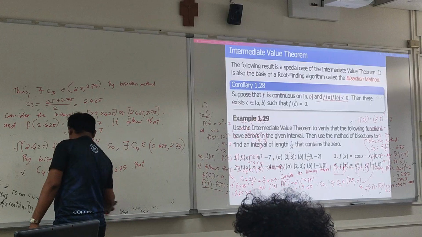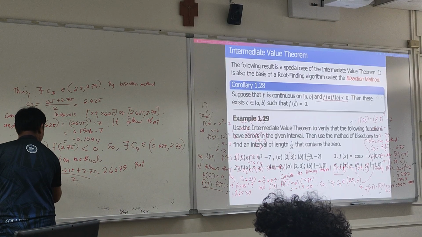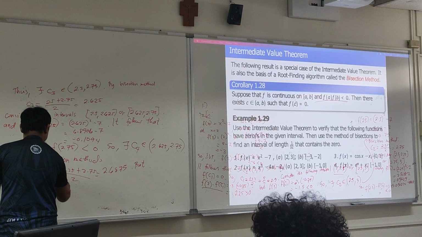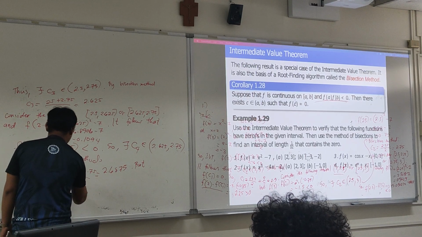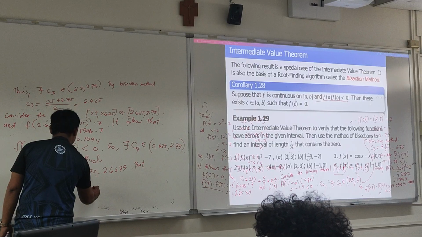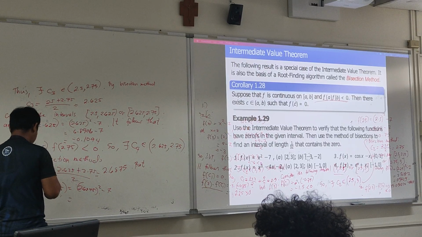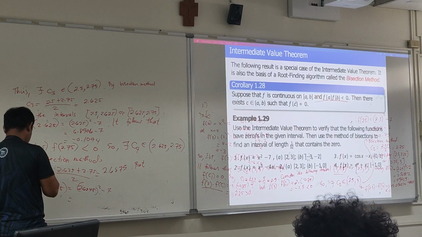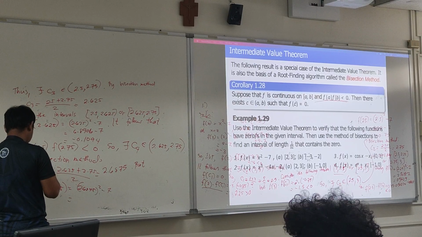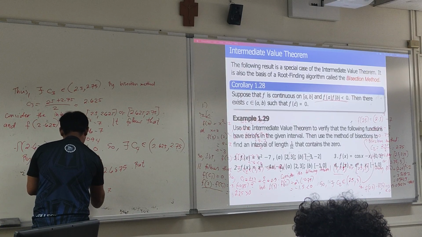What is your F of 2.6875? 2.6875 squared minus 7 is something negative, 7.2227 minus 7.